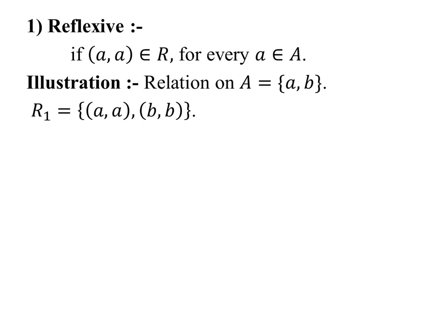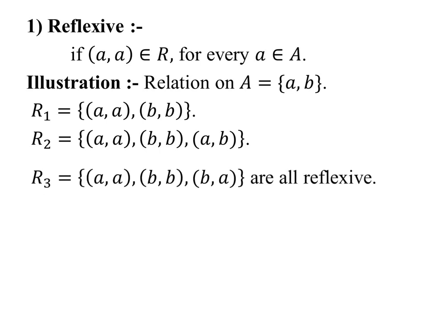So R1 contains the ordered pair (a, b). Next, R2 is equal to {(a, a), (b, b), (a, b)}. Here R2 contains the two pairs (a, a) and (b, b). So R2 is a reflexive relation.